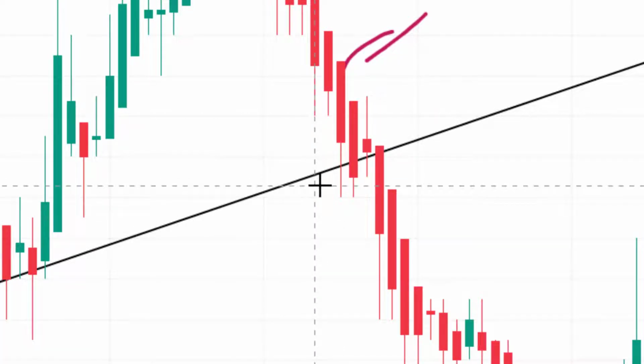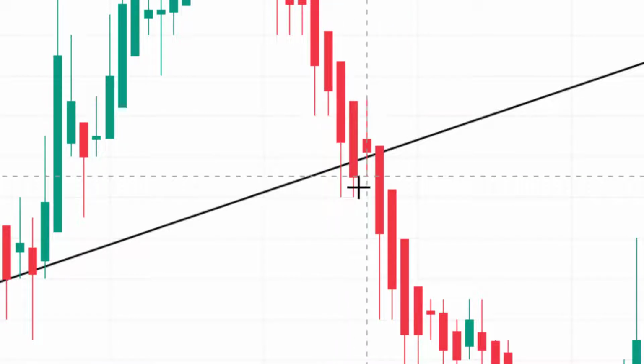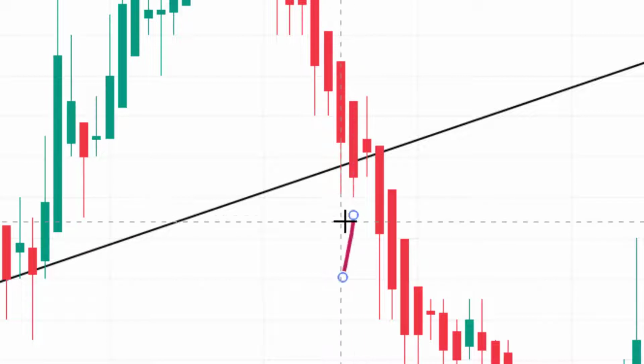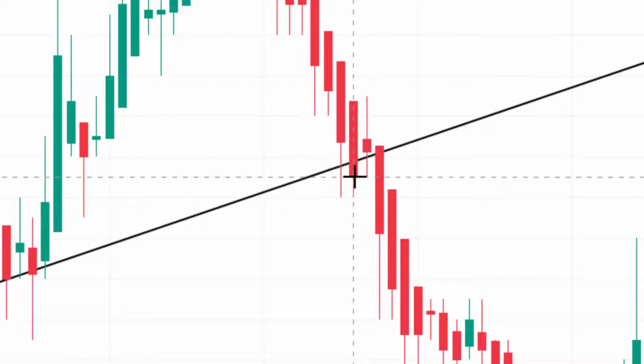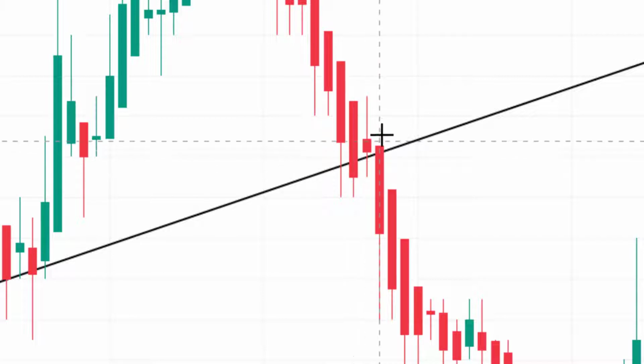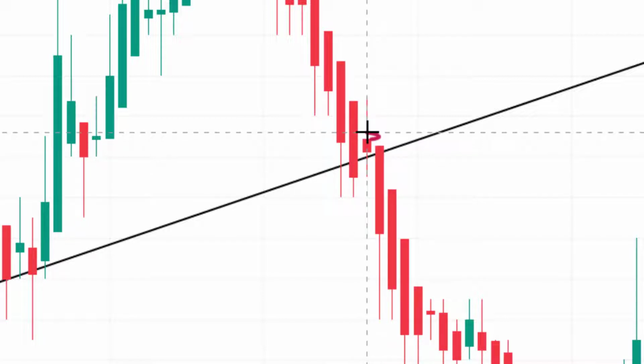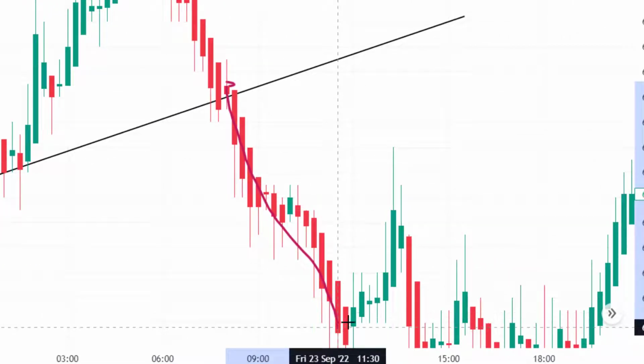So this is not confirmation. Do not open your short position, but check the next candle. So the next candle, the closing is below the support line. So this is the confirmation. You can open your short position from the next candle, and you can see how beautifully the price falls down.